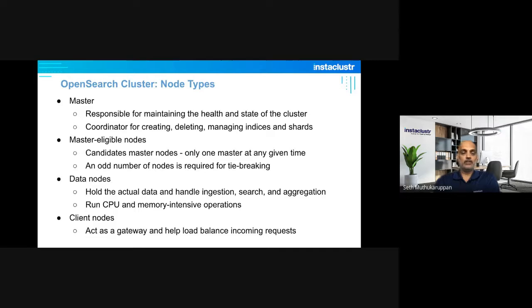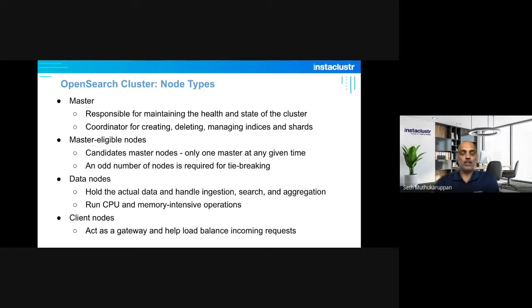The data nodes do the actual work. They hold the data and handle requests for ingesting data, requests for searching, and also doing aggregations. Because of that, they are CPU and memory intensive, and typically they tend to be high resource instances.